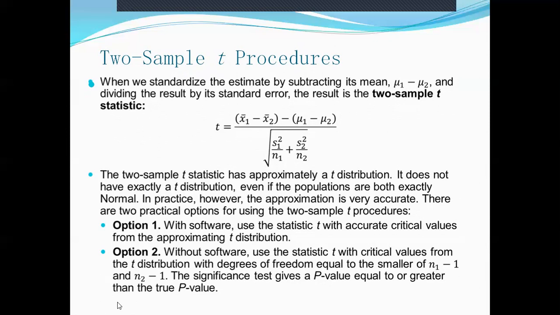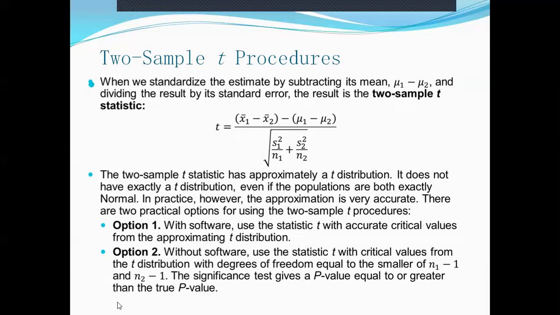There are two practical options for using the two-sample t procedure. Option 1, with software, use the statistic t with accurate critical values from the approximating t distribution.